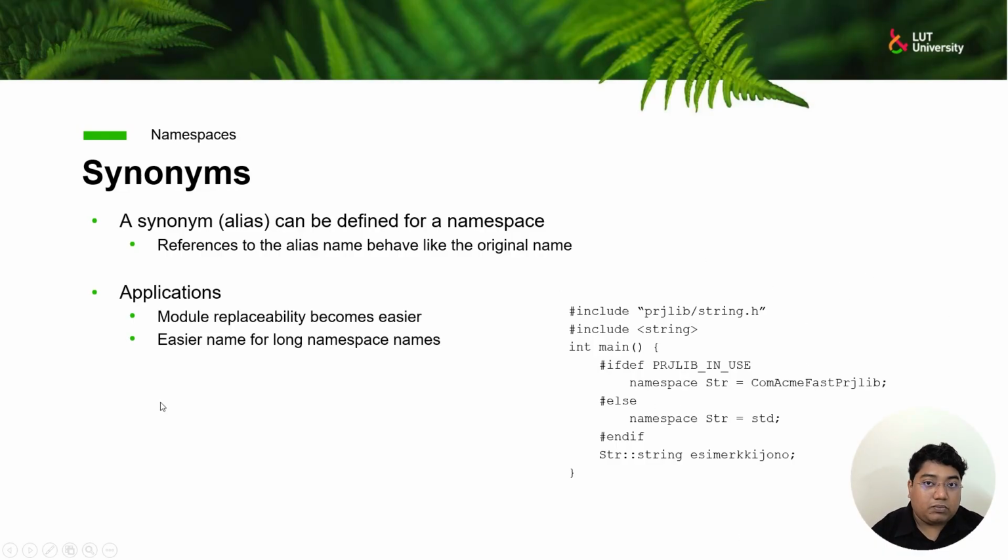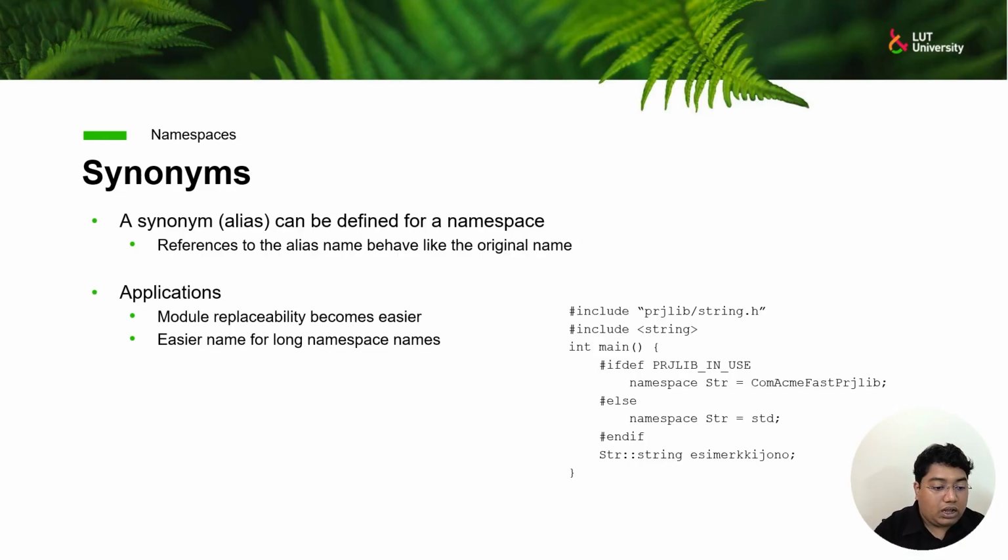Walk through this with me. Depending on whether prjlib is defined or not, str becomes an alias for either some third-party library's namespace or the plain old std. Either way, the rest of the code says str::string.